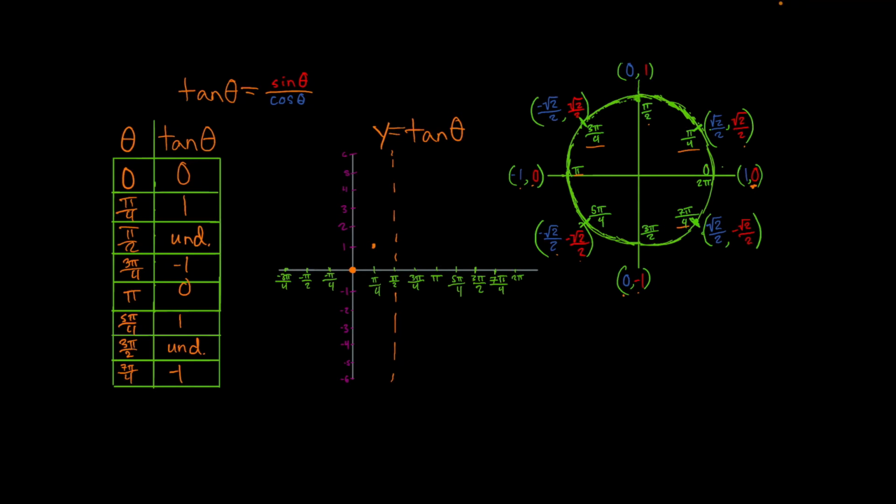Now to explain a bit further why it's undefined, let's say we put a value like right here. I don't know, it would be something x comma y. We don't really know what that is, but it would make a triangle, and tangent is the slope, rise over run.